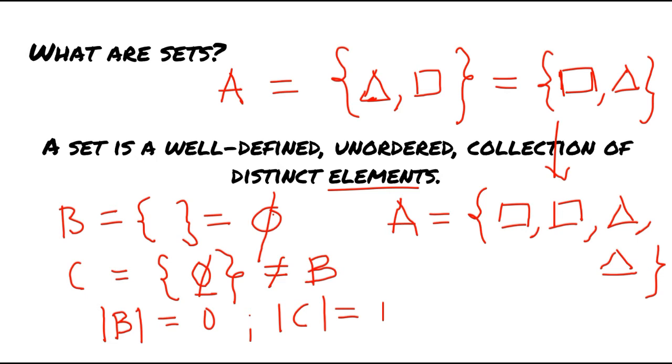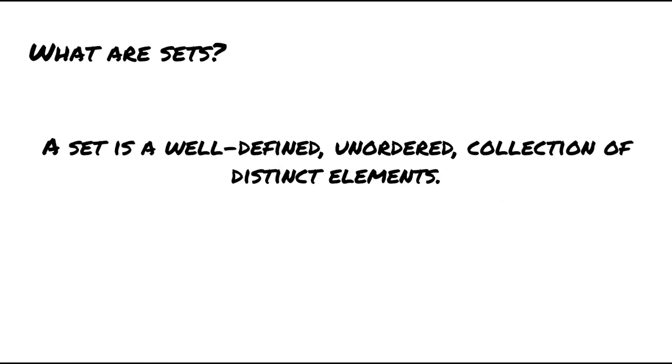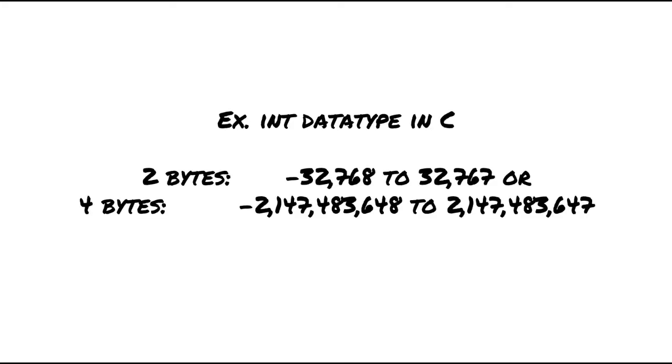So with that basic idea, we could also have a case in programming, like integer, for example. The integer data type is also a set. So when it's 2 bytes, for old computers and microcontrollers, you have a set of integers from negative 32,000 to positive 32,000.